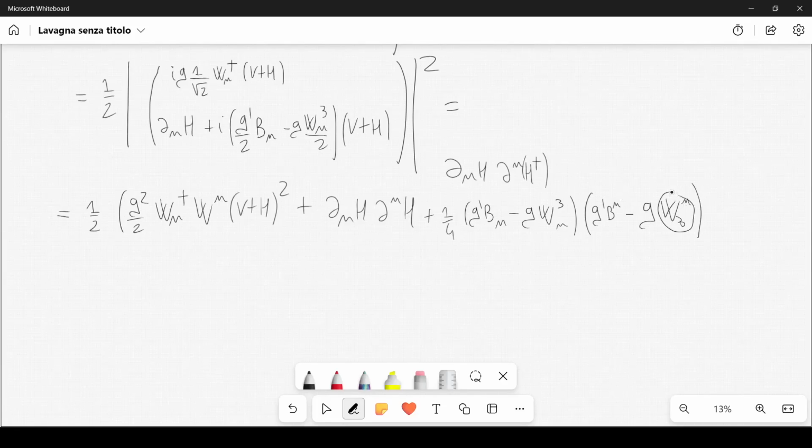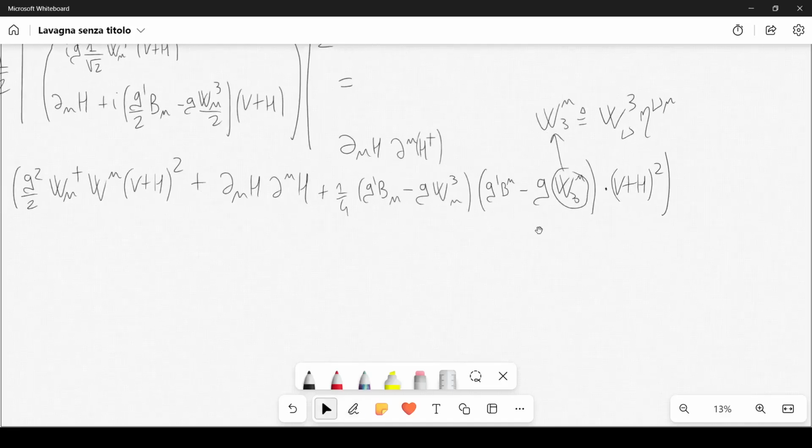So for example, this w mu 3 with the upper mu and the lower 3 is defined to be simply w3 nu eta nu mu, like this. And then this is multiplied by v plus h squared. And that's it. So this is the mod squared of this expression here.